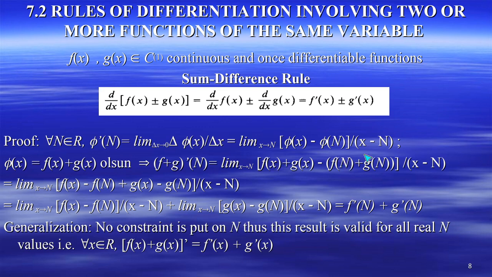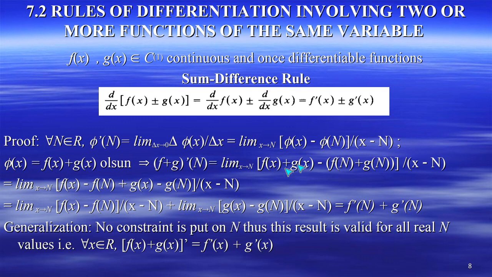So just grouping using the commutativity and associativity properties of addition, I can write this down as the limit when x goes to n of f of x minus f of n plus g of x minus g of n, the whole thing over x minus n.